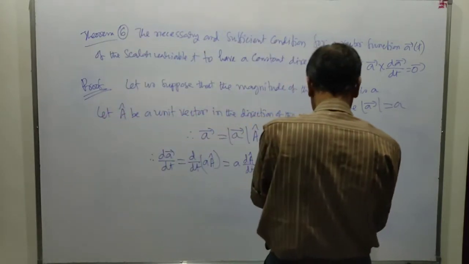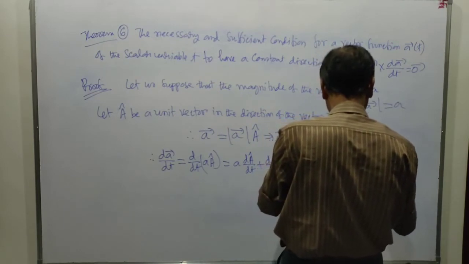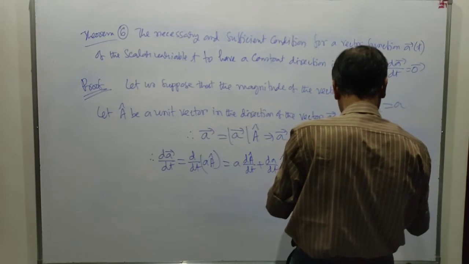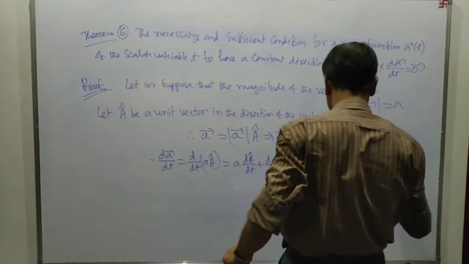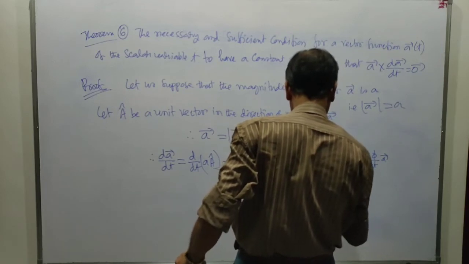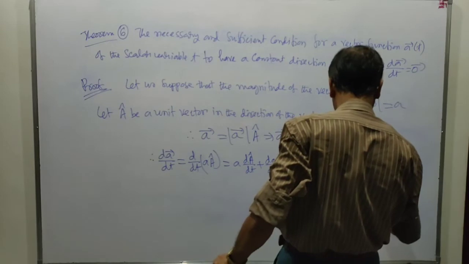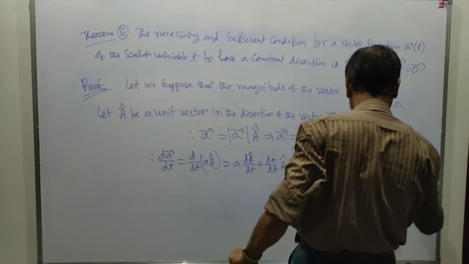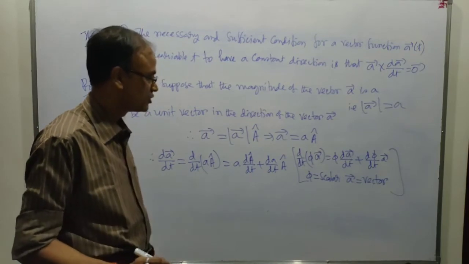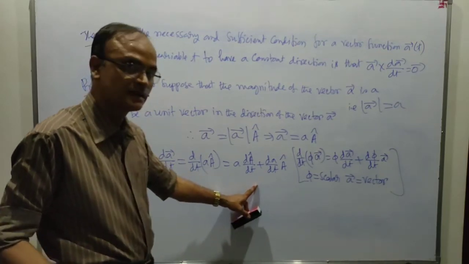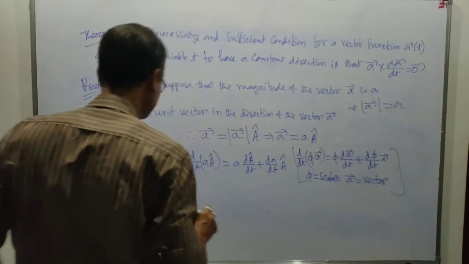This is equal to phi dA vector by dt plus d phi by dt times A vector. Phi is a scalar and A vector is a vector. You may write like this.